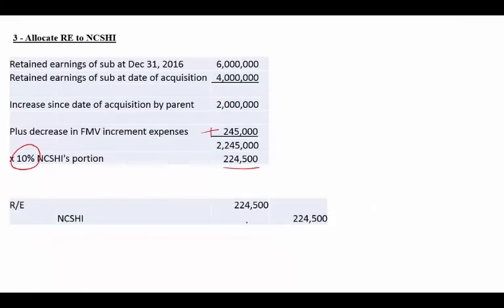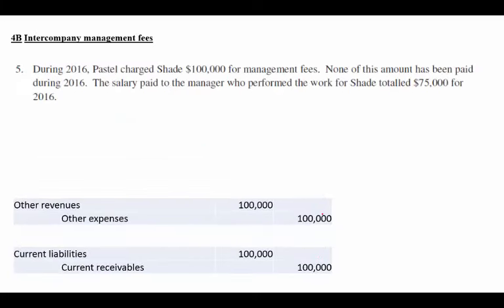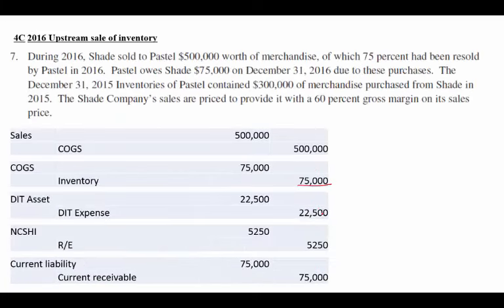NICSHI shows up again in our third elimination entry, where we allocate a bit more to NICSHI, representing the years since acquisition, the additional portion of retained earnings for them. And then NICSHI appears in some of our upstream transactions. So we take a little bit away from NICSHI for the elimination of the profit in this intercompany inventory sale, 4C.